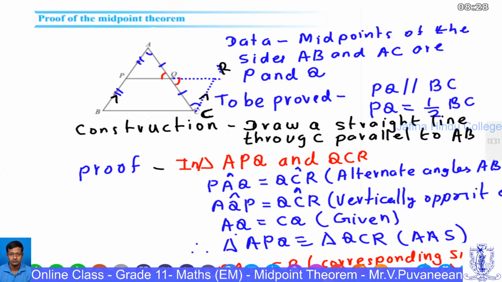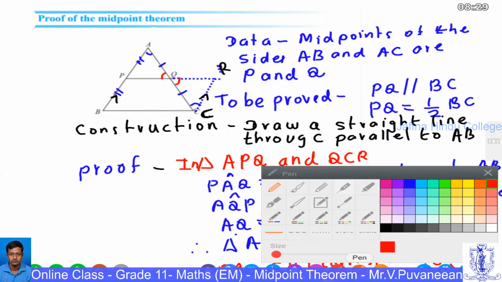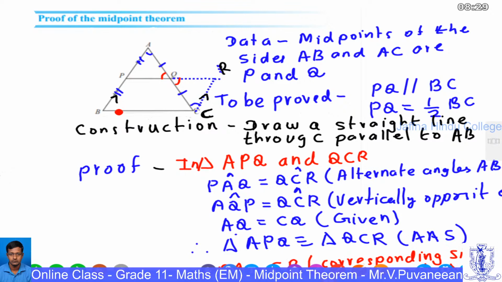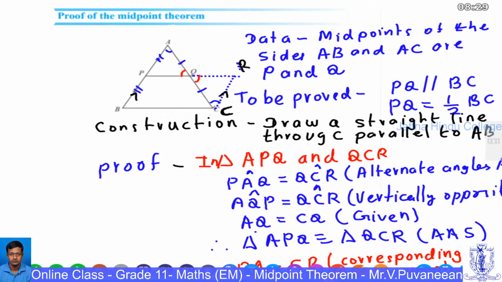In the parallelogram PRCB, opposite sides PR and BC are parallel. We already proved this is a parallelogram, so BC is parallel to CR. Okay, if BC is parallel to CR, we can say PQ is parallel to BC.